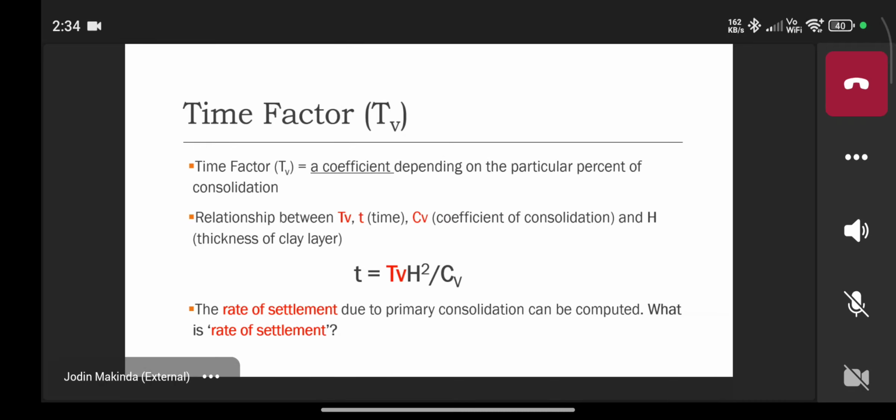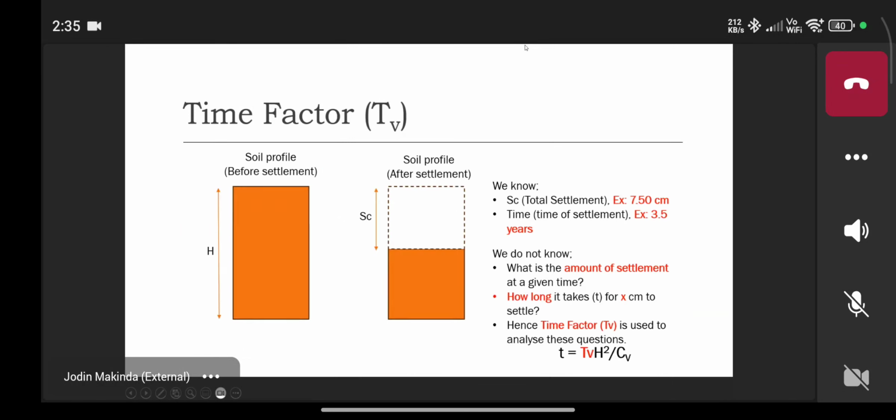This is where time factor is introduced, because time factor gives you the relationship between time, the thickness, and the coefficient of consolidation. So time factor links the time, the height of the clay, and also the coefficient of consolidation. Therefore, if we have time factor, we can solve the question here.